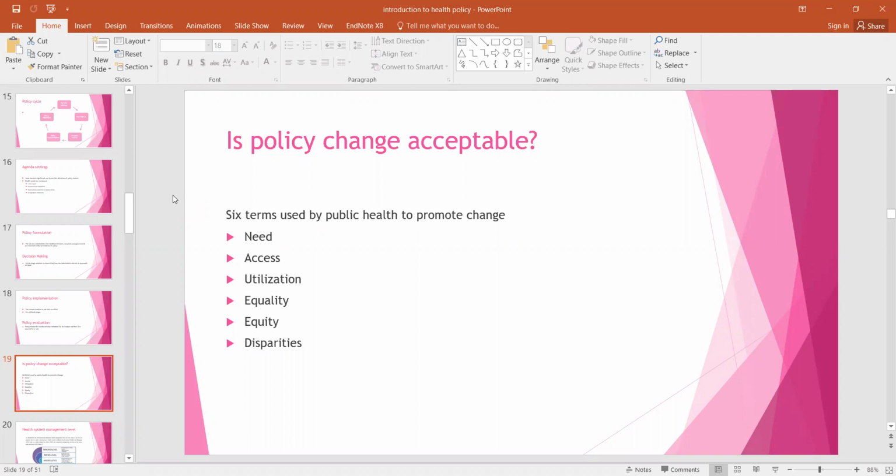If everyone has access to that policy easily, then it is acceptable. Everyone utilizes the policy and there is equality present in the policy. Equity is also very important in the policy which is implemented, and if there are no disparities, then the policy is easily acceptable.